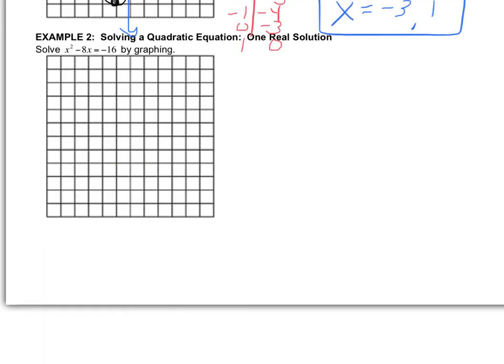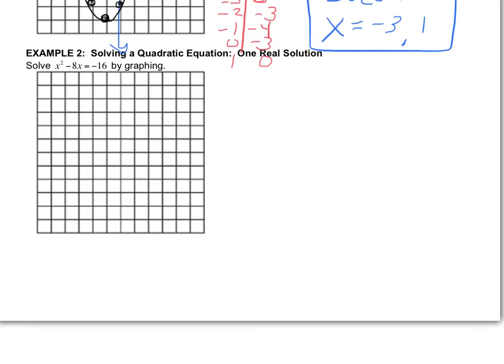On this example 2, we're trying to solve x squared minus 8x equals negative 16. Well, we know the very first thing that we want to do is bring the negative 16 over to the other side to set the equation equal to 0.